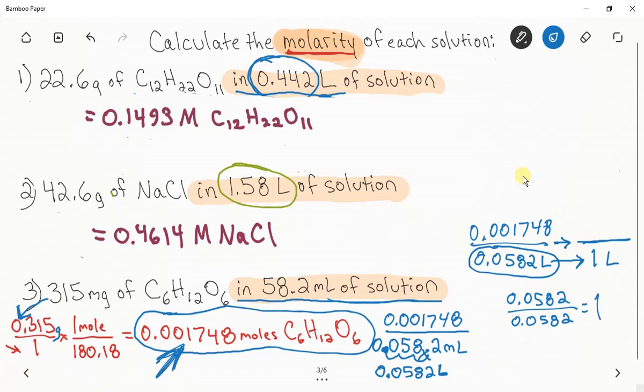But what you do on the bottom, you have to do on the top. So we have to take 0.001748 moles that I got from there, and we have to divide that by 0.0582. And if you take out your calculator and you divide 0.001748 by 0.0582, then you end up with 0.03.